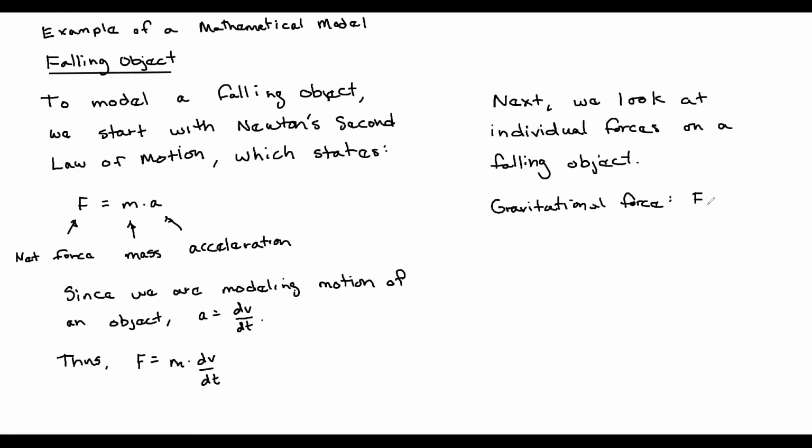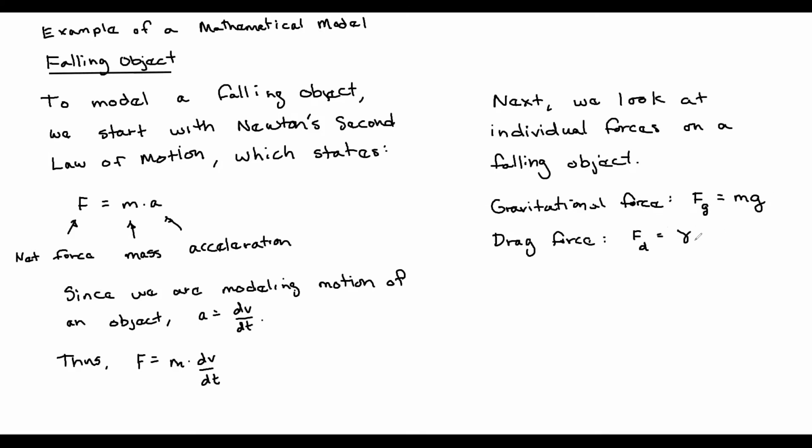We'll call that F sub g, and that is the mass times the gravity. The gravitational force would pull the object downward, and acting opposite that, we would have an air resistance or drag force. We'll represent that with a little d.